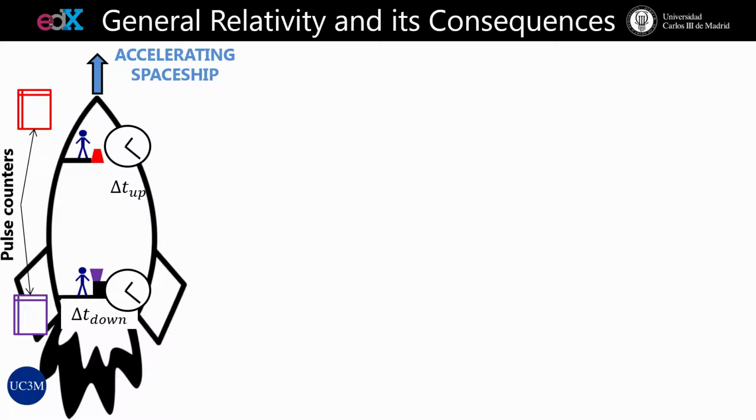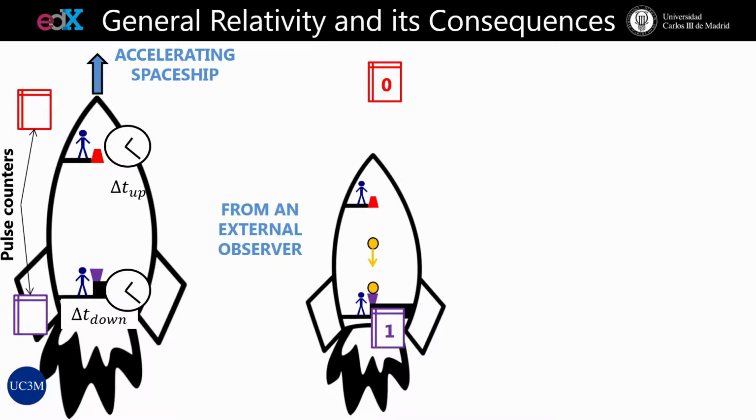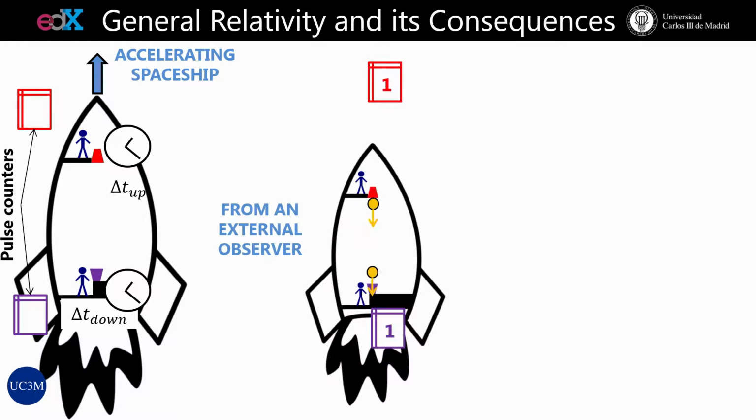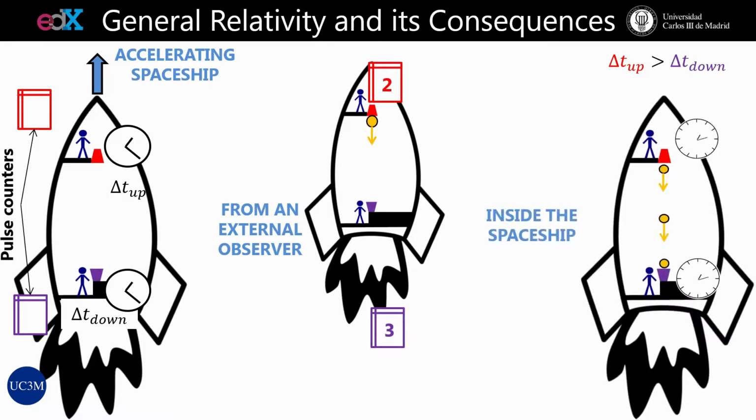Since the spaceship is accelerating upwards, an outside observer will see that the bottom astronaut measures a shorter time between the pulses than the top one, simply because he is accelerating towards them. For consistency, the observers inside the spaceship must observe the same. The bottom astronaut measures a shorter time with his clock.